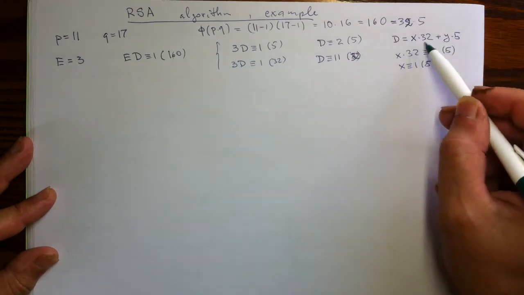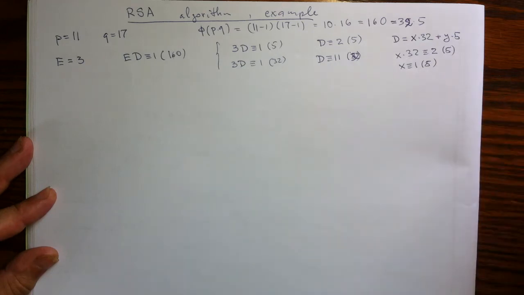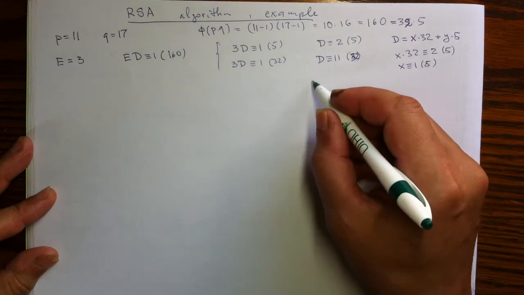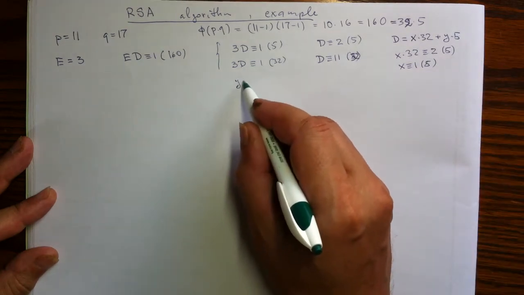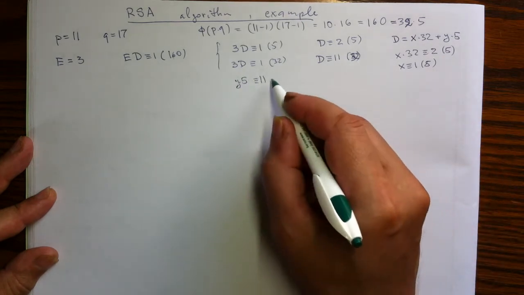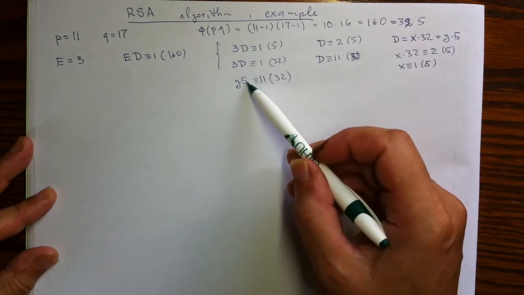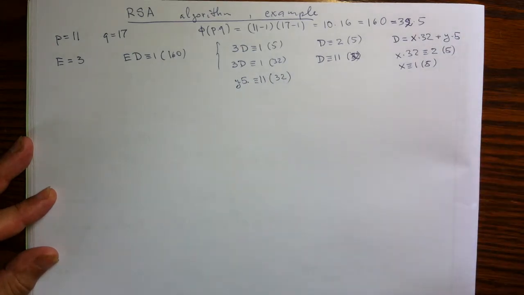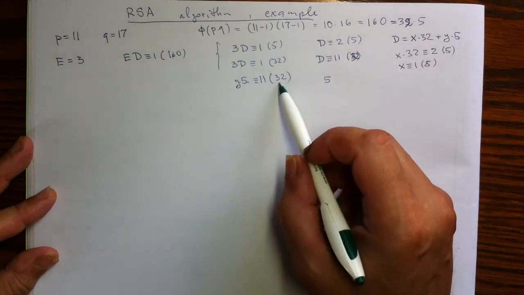So the same for modulus 32. If I look at this and replace D in this congruence, then I will have some condition on y, namely 5y will be congruent to 11 modulo 32. So now I have to invert 5, put it on the other side. Well, so what can I do? What is the inverse of 5 modulo 32?